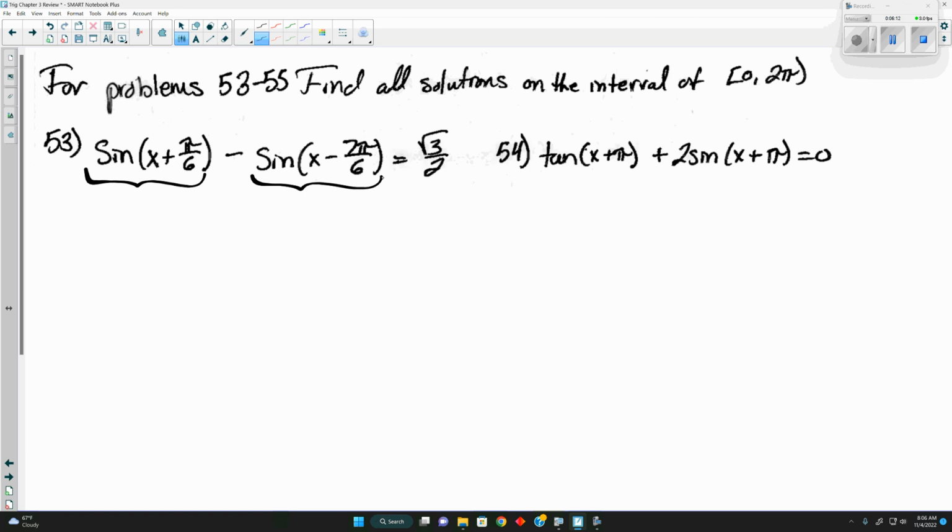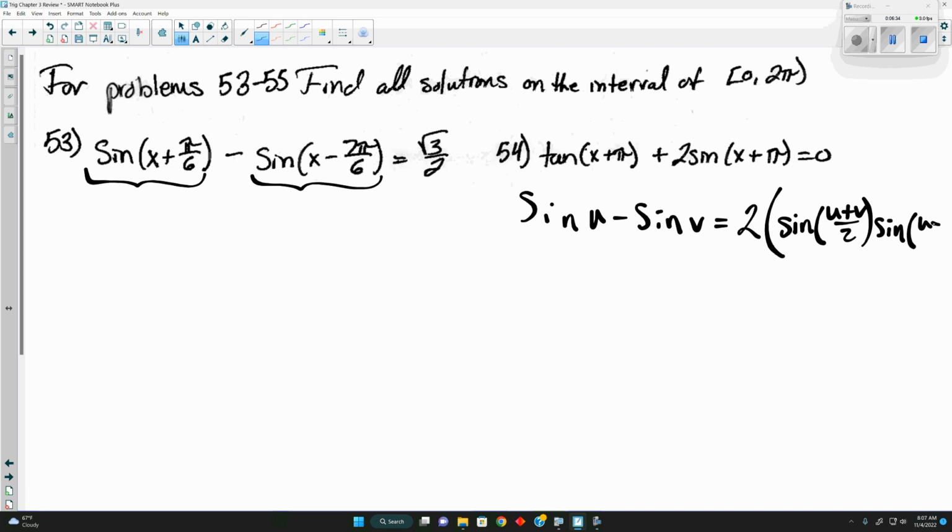Since we have two angles here being subtracted, I'll write this off to the side: sine of u minus sine of v is equal to 2 times sine of u plus v over 2 times sine of u minus v all over 2.